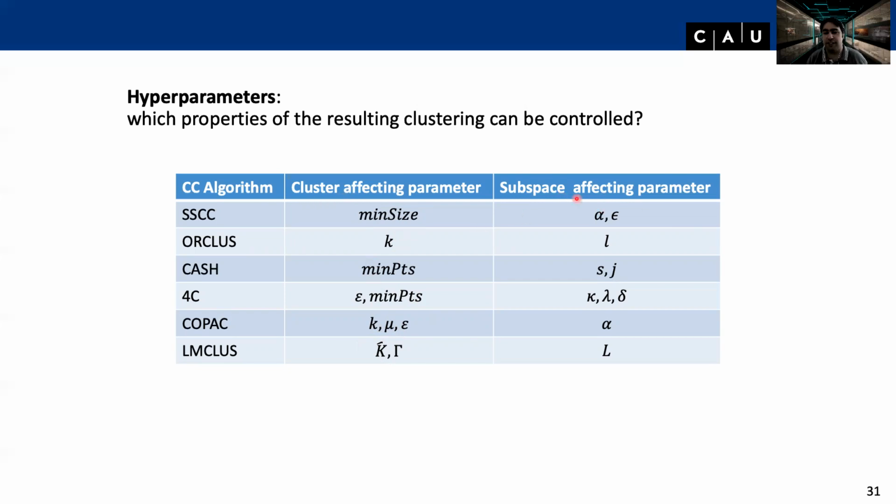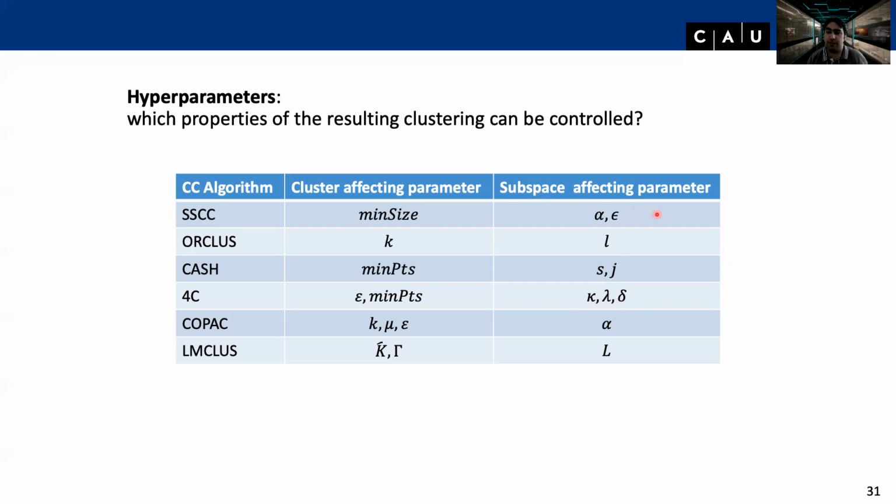On the other hand, we have subspace affecting parameters like l in Oculus, stating what the dimensionality of the subspace is. Or here s and j state how much variance we tolerate in the subspace, how much variance in the one direction, how much variance in the other direction. Or here in 4C, kappa and delta for the deviation and lambda for the maximum dimensionality.